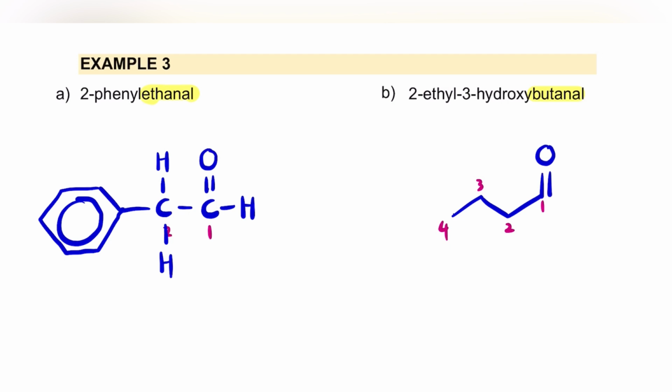And then to the left, we have 3-hydroxy. This is an OH group attached to the third carbon. And then we have 2-ethyl, which is 2 carbon atoms as a substituent. So I got this structure.